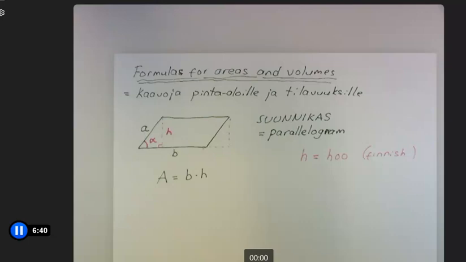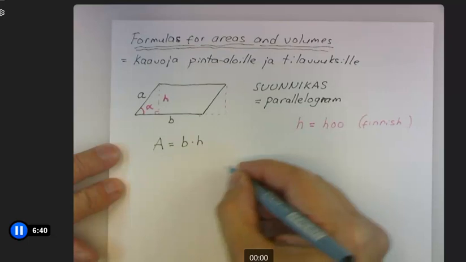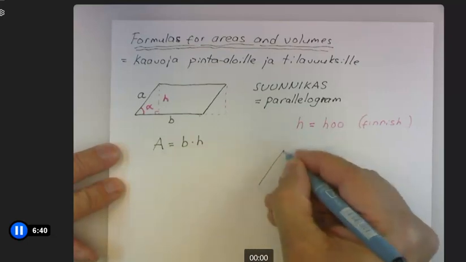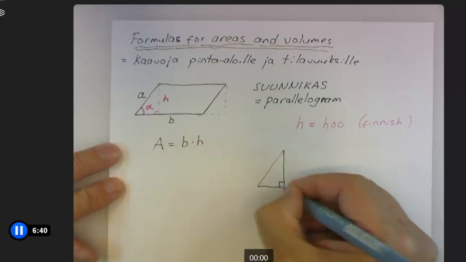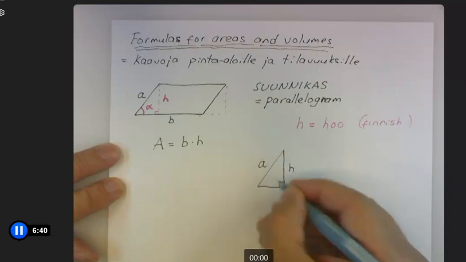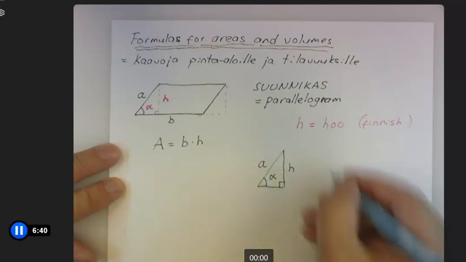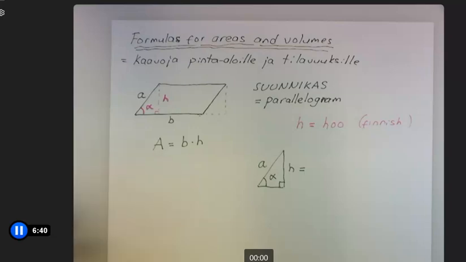How do we get to know this height of this figure? I'll draw a picture here. If I have here H and A and alpha, so how do you calculate the H?